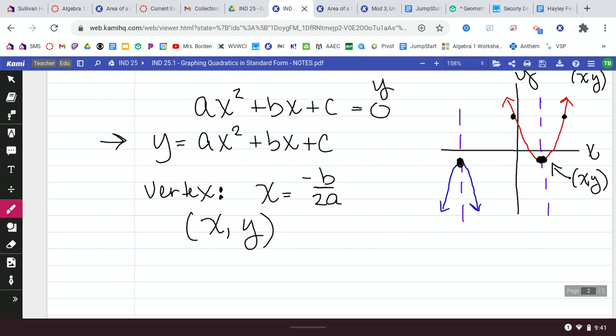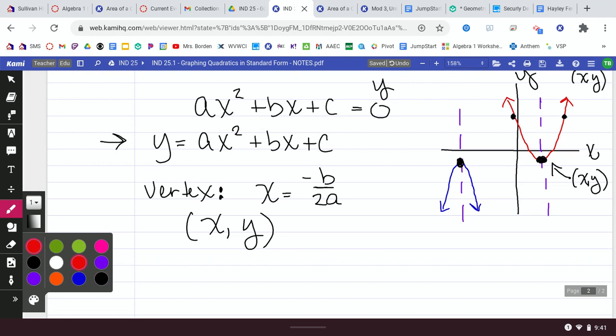Well, when we plug into this equation and we find the x, that just gives us the x of the vertex. I'm going to talk about in a minute how you find the y of the vertex, and basically once you find the x, you just plug it into the equation and then you get the y.